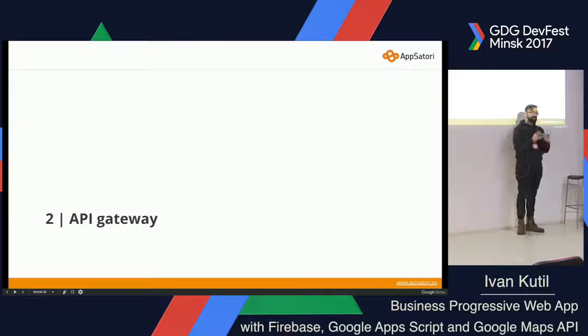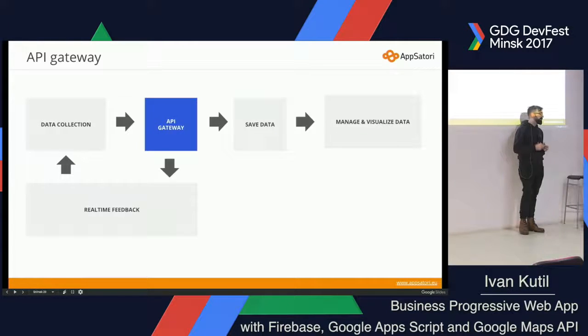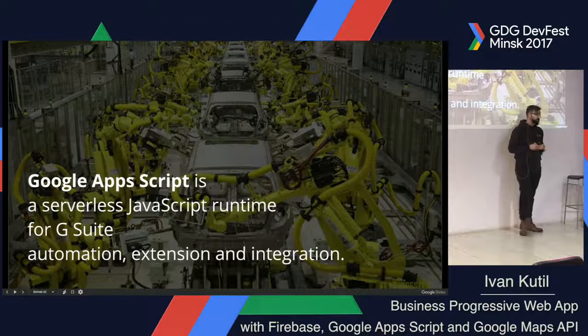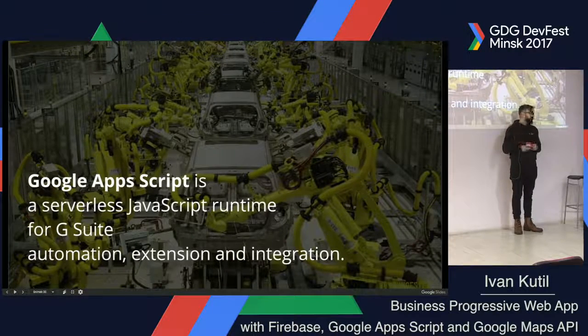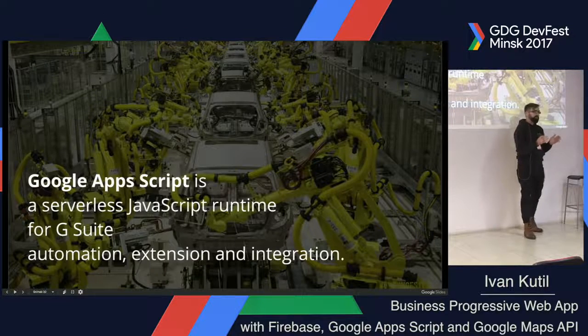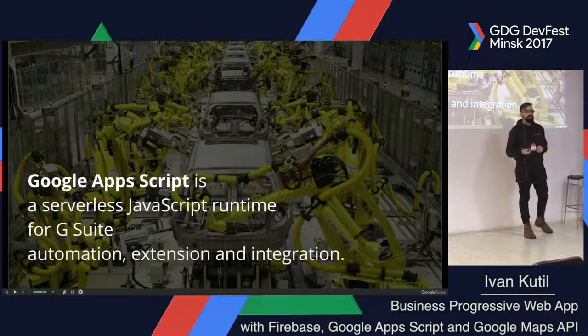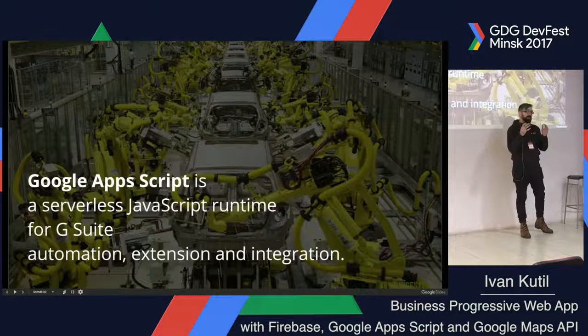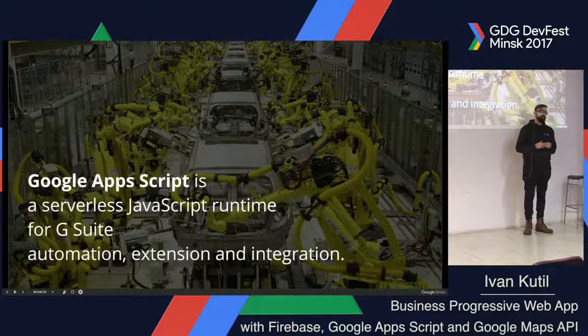Now about something we call the API gateway. For this, we used Google App Script. Here is the definition by Google. Google App Script is serverless, which is now a very trendy and fancy topic. Serverless means you don't need to manage the server. It's based on JavaScript, so you don't need to learn something new like a new language or script formatting.